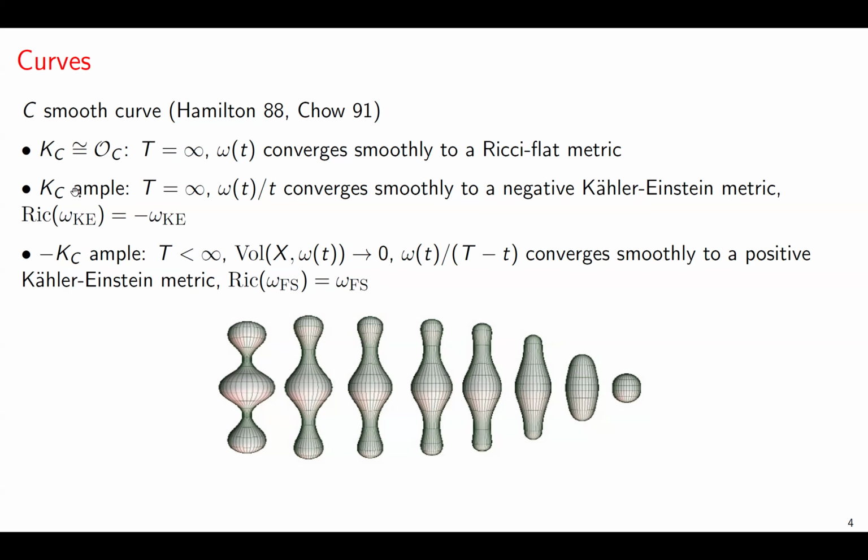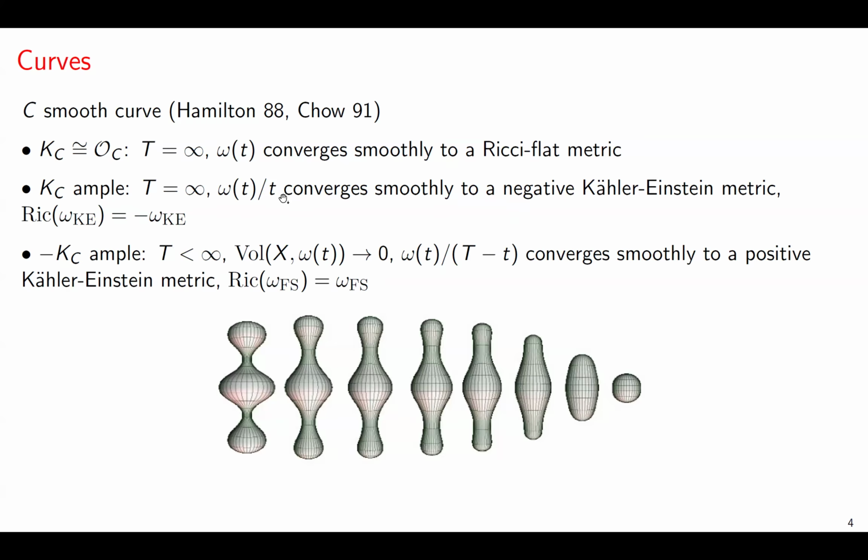And the second case is when the canonical bundle is ample. So these are Riemann surfaces of genus 2 or higher. Again, ample implies nef, so the maximal existence time is infinity again, and for the metric omega_t, you can check that the area is growing with time if you compute the total area. So it's convenient to rescale by t. Here, of course, t will be positive.